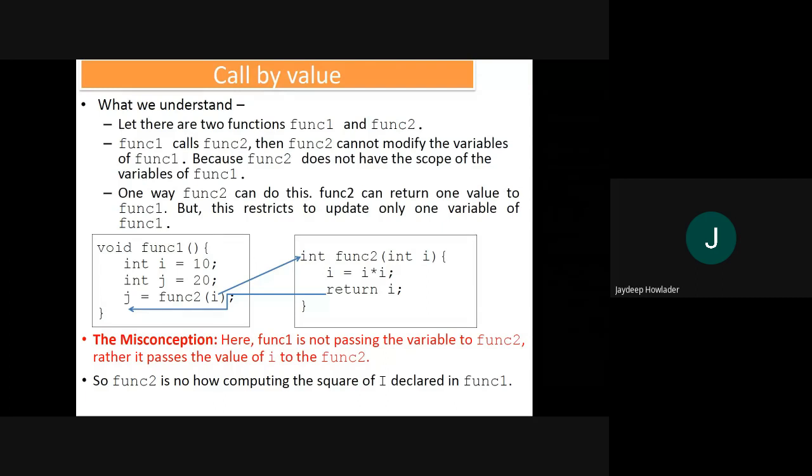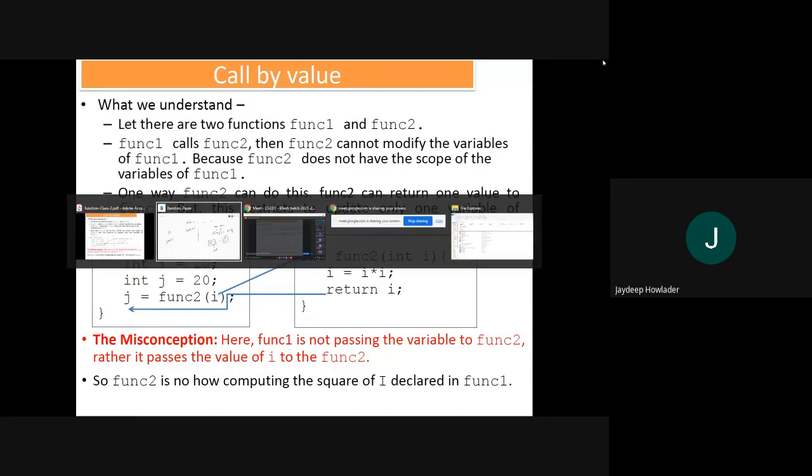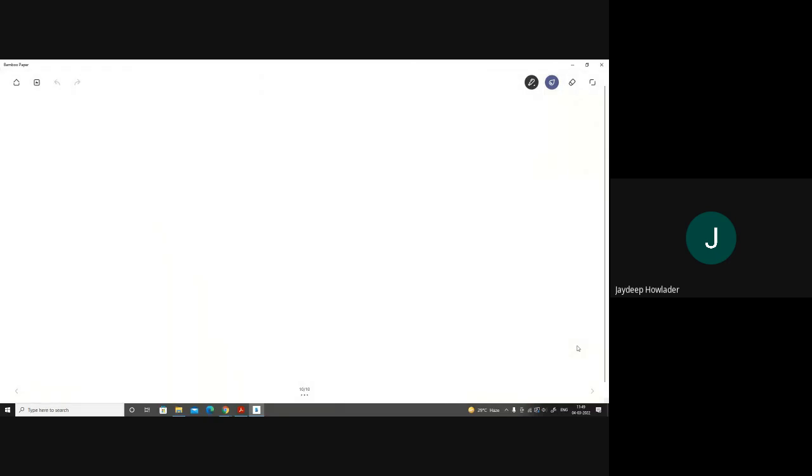So if I have a function, say function 1, and within this function I am using the same call function 1, this is basically called recursion. So I am basically calling the same thing again and again. What is the implication of recursion? We'll also discuss that a bit in our course. Okay.